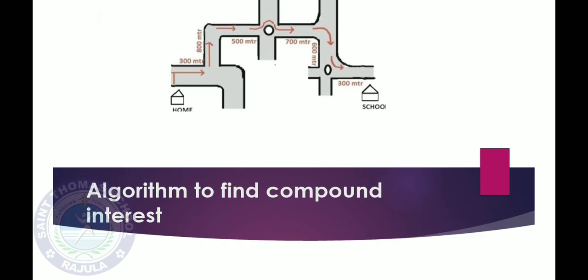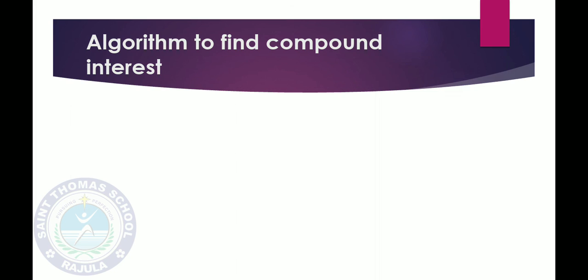Now we will see one example of an algorithm to find the compound interest. For that, the basic requirement is that first you must know the formula of compound interest.